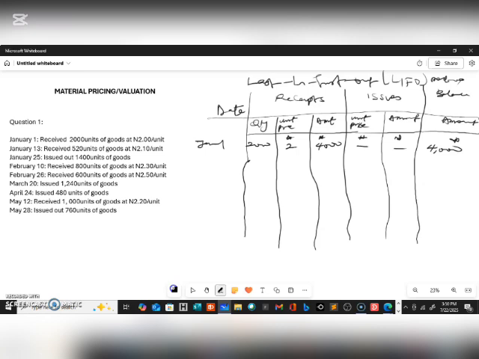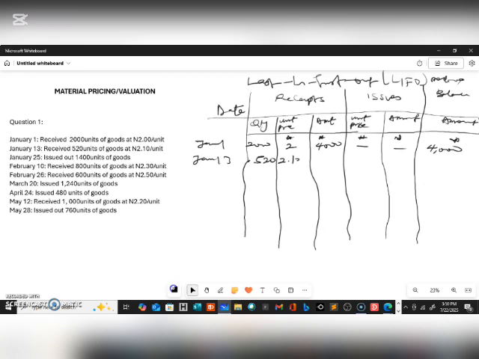On January 13th, we received another unit of goods. We received 520 units of goods at 2 naira 10 kobo. So let me use my calculator so that I don't make any mistake in my computation.